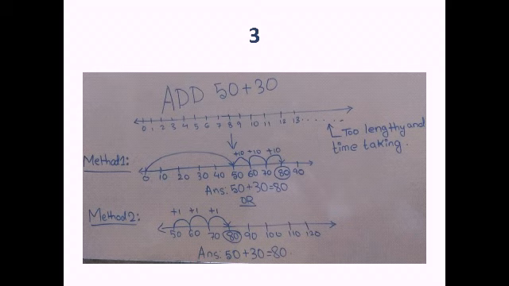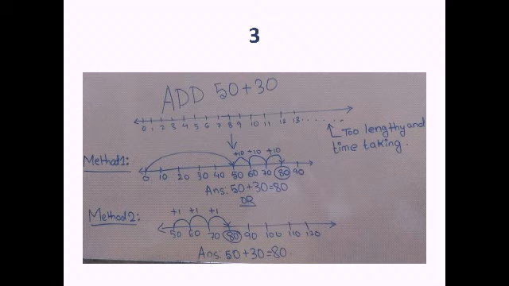Clear? So now let us add using method 1. As we did previously, in the first sum you had to add 7 plus 5, so from 0 we moved to 7. Now if you have to add 50 plus 30, what will we do? From 0 we go to 50. From 50 we have to add 30.